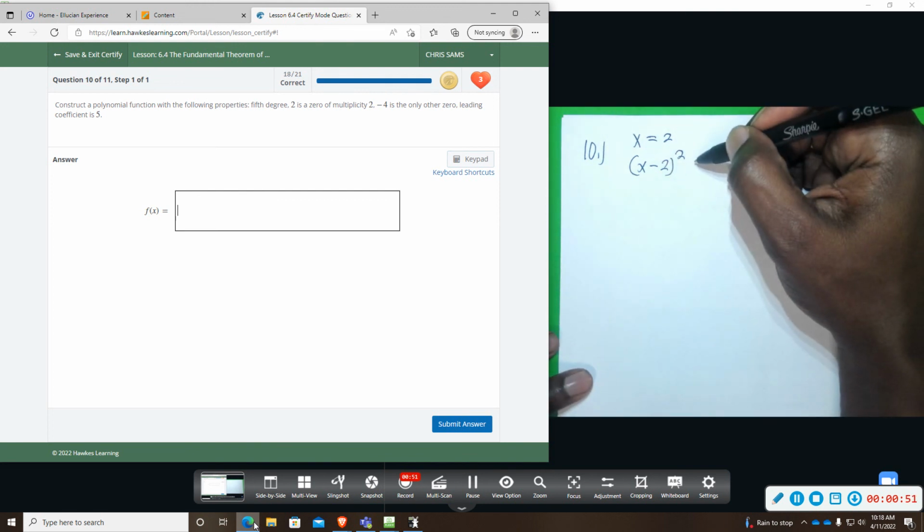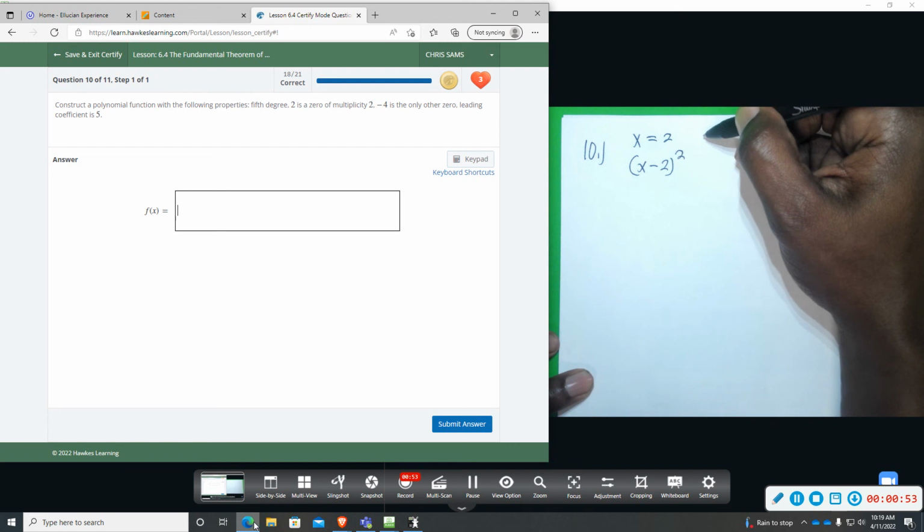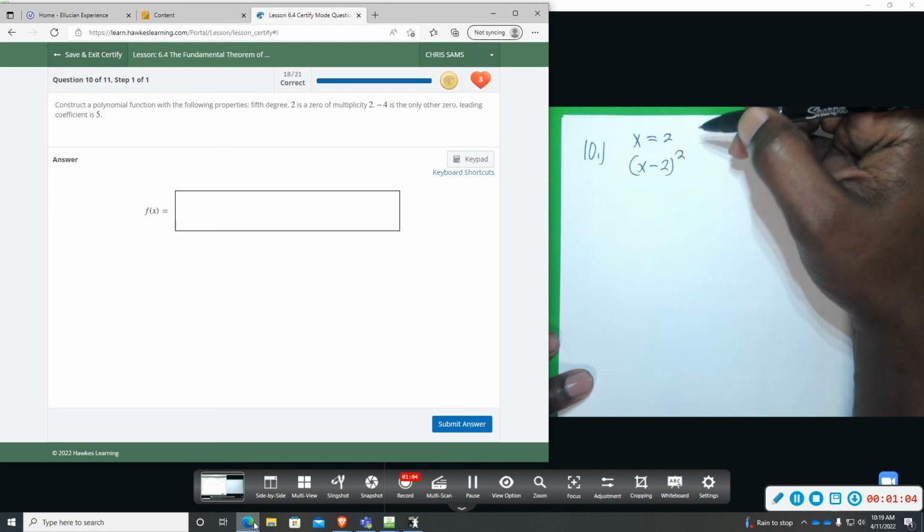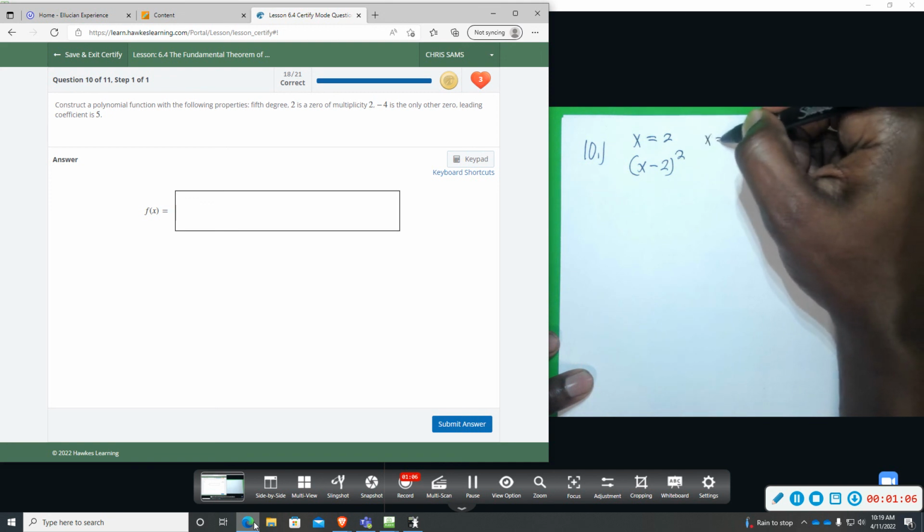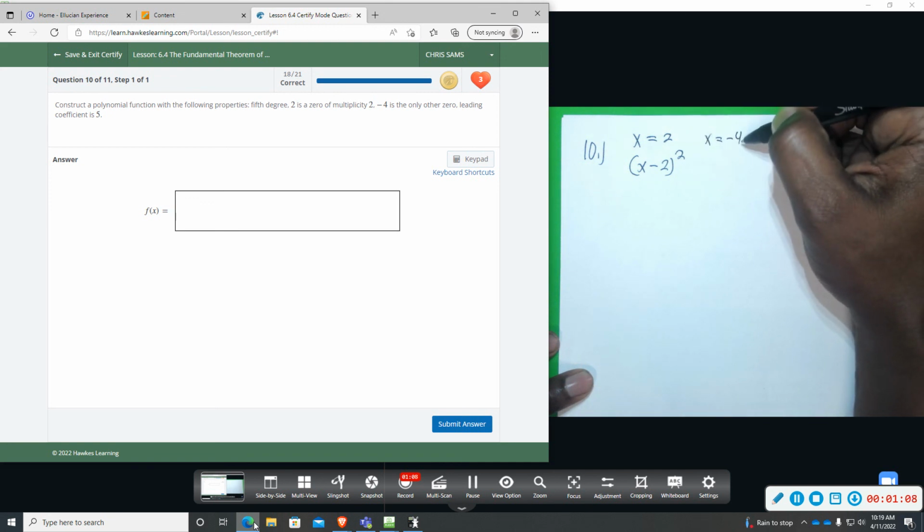So when they tell us that negative 4 is the only other 0, that means that x equals negative 4.